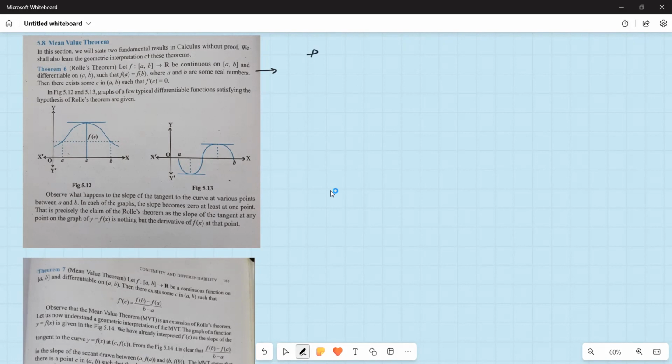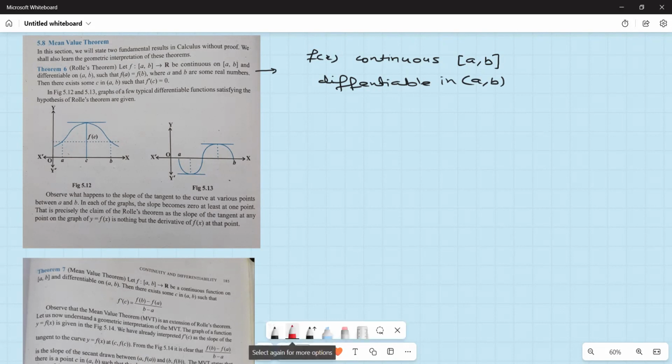First, the function should be continuous on the closed interval [a, b]. Second, it should be differentiable in the open interval (a, b). If these two conditions are okay, then the third condition is that f(a) should be equal to f(b).